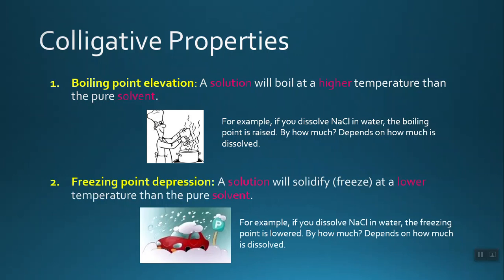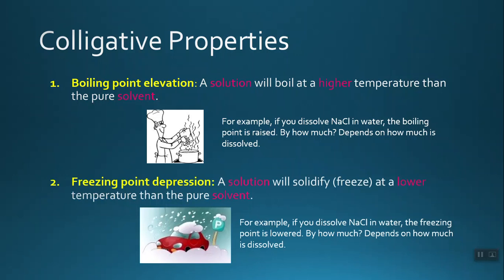And so when you put the salt on the sidewalk or on the roads, that's what you're doing. You're basically preventing the rain from freezing until it hits a temperature of 31 degrees or 30.5 degrees Fahrenheit.